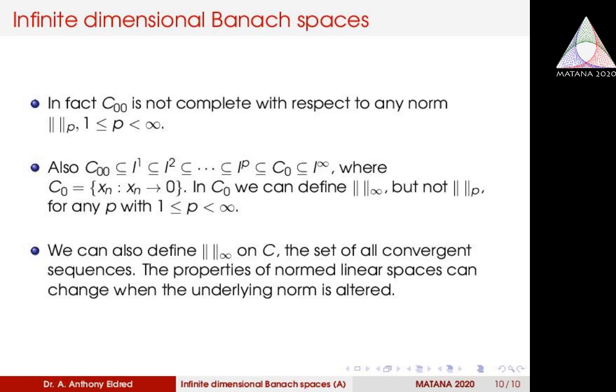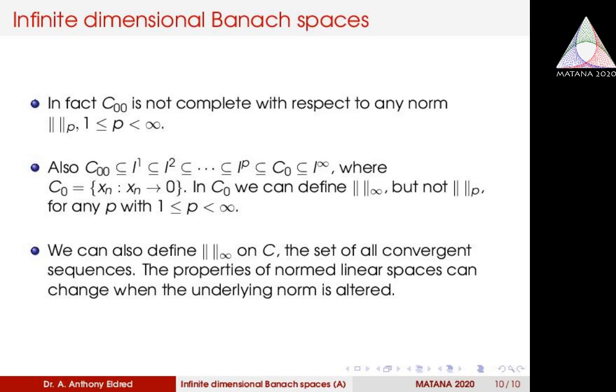So we can see that the properties of a normed linear space can change if the underlying norm is altered. A normed linear space means a vector space attached with a norm, but it is also possible to change the norm whenever required. So this is what we can understand from the infinite dimensional sequence spaces.